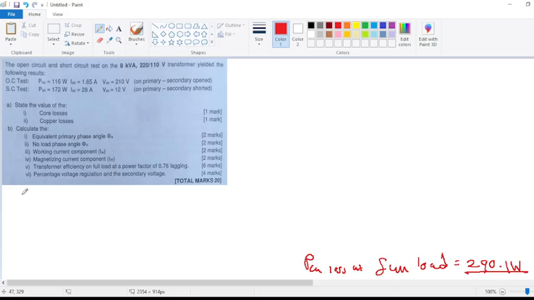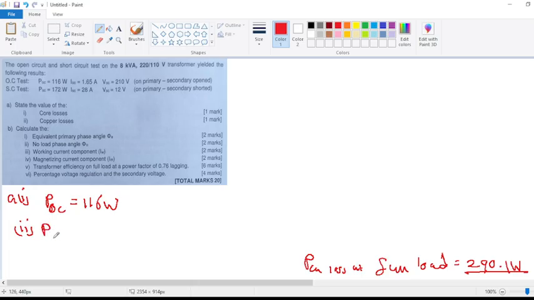The first answer, A1, is the core loss. For the core loss we have PS, the power of the open circuit test, which we've been given as 116 watts. Then the copper losses: we had two answers, the one at full load and the one at 28 amps.